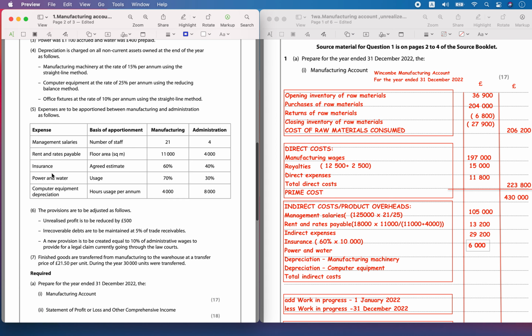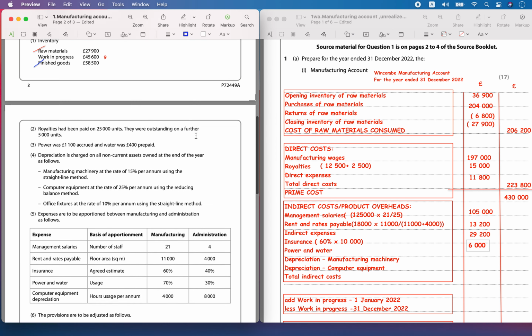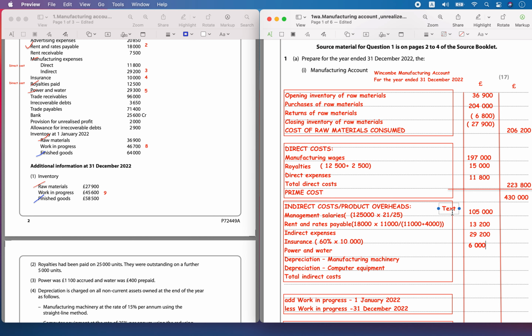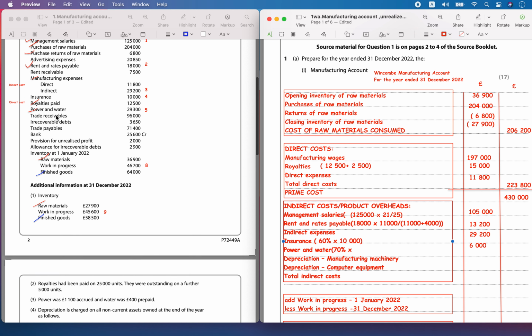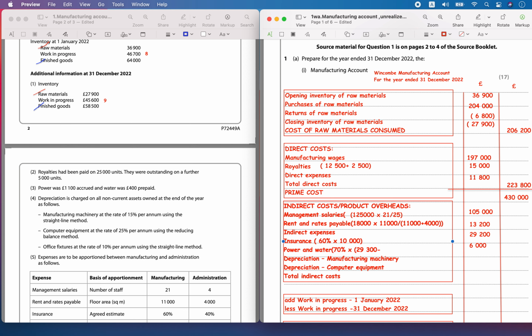Then we have the power and water, which is apportioned at 70 percentage of the total cost. So 29,300, accrued you have to add 1,100 and prepaid you subtract, and on that you calculate 70 percentage. So it is equal to 21,000.